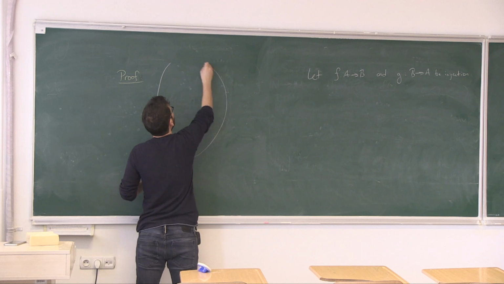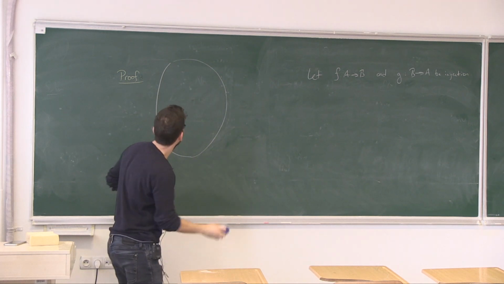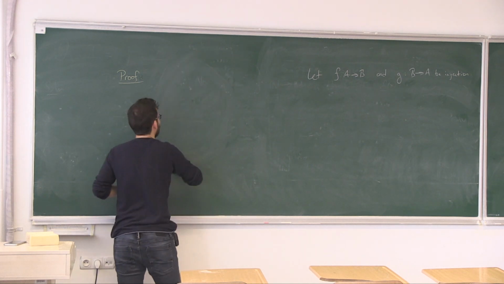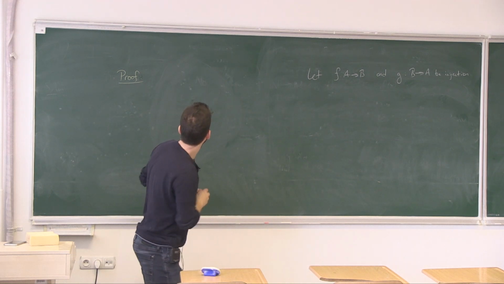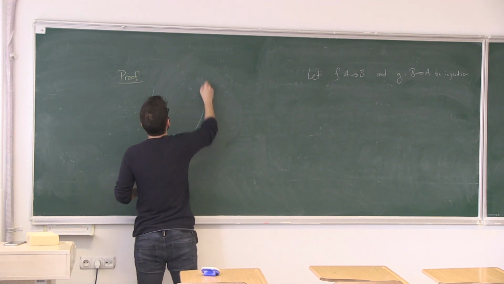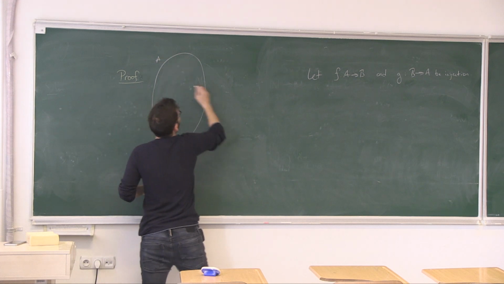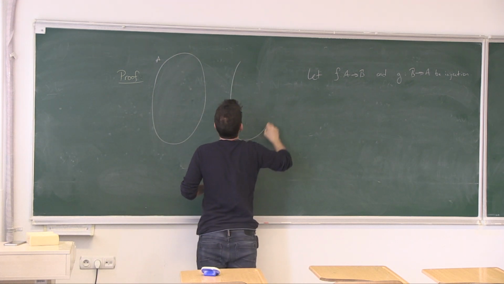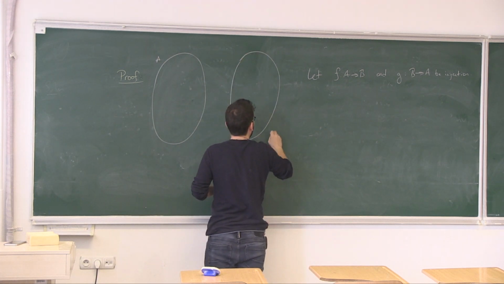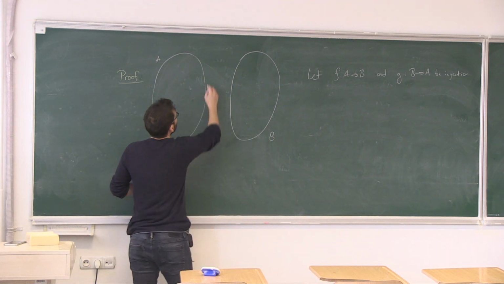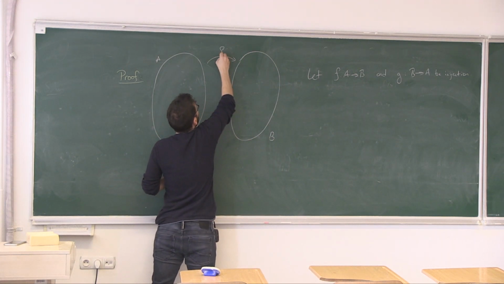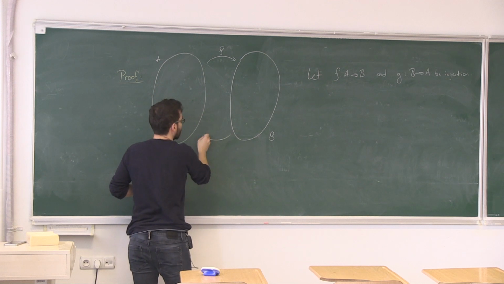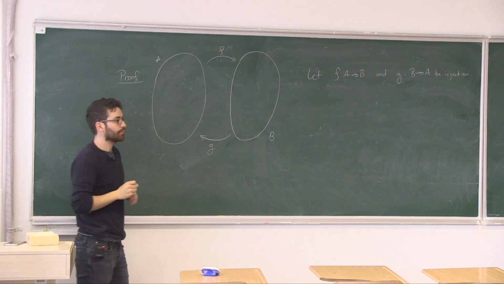This is too big. This is A, and this is B. Now, there's an injection in this direction, which I called F. There's an injection in this direction, which I called G.